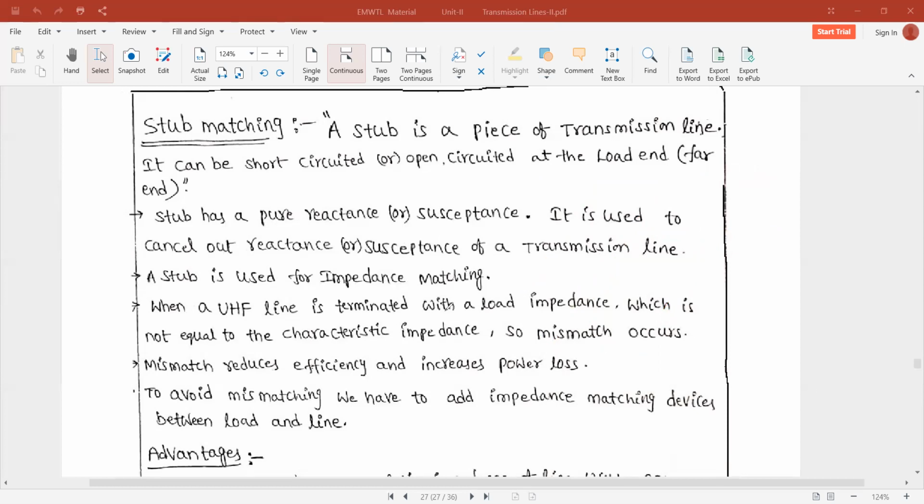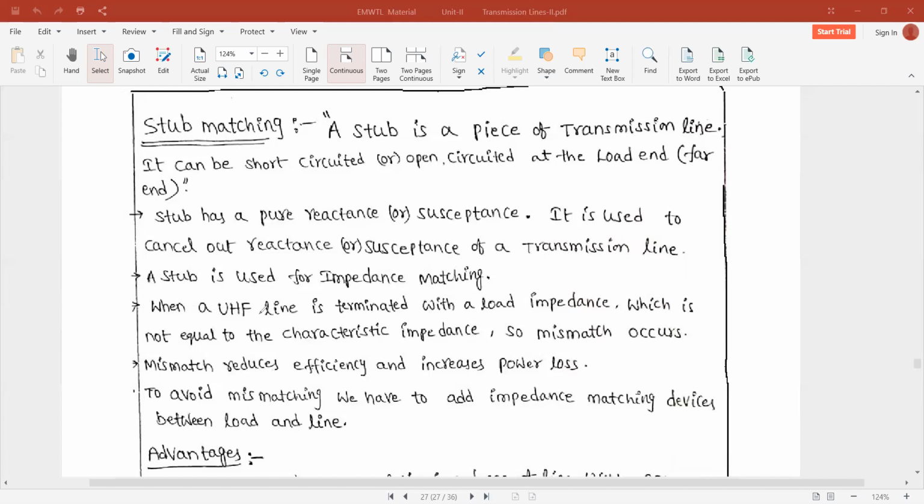A stub is used for impedance matching when an ultra high frequency line is terminated with a load impedance which is not equal to the characteristic impedance. If so, a mismatch occurs, and then we can match the impedance.